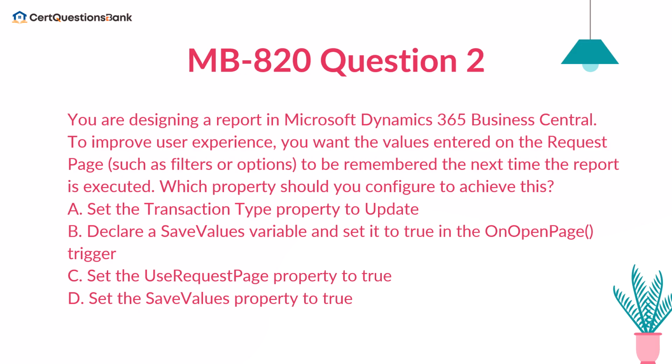A. Set the transaction type property to update. B. Declare a save values variable and set it to true in the on-open page trigger. C. Set the use request page property to true. D. Set the save values property to true.